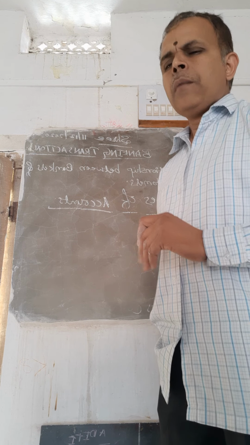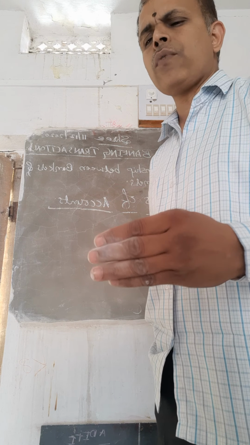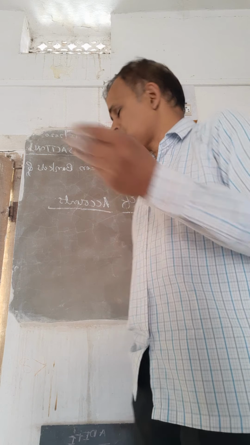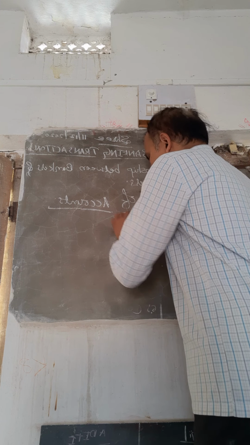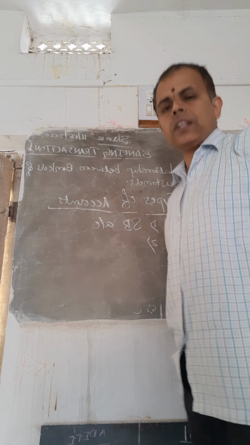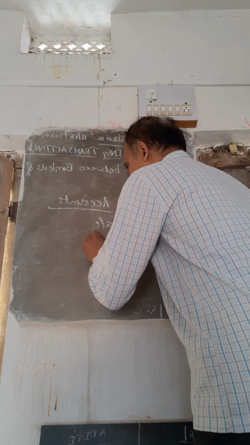My dear students, there are four types of accounts. The first one is the savings bank account, also called the SB account. Second one, current account.